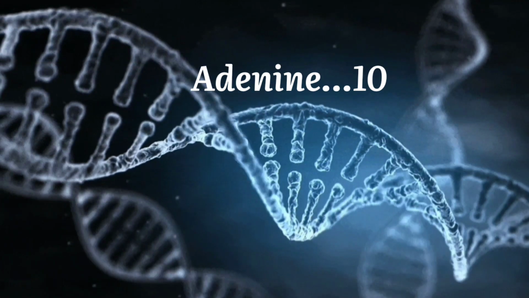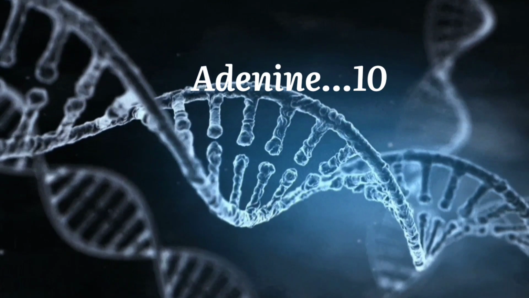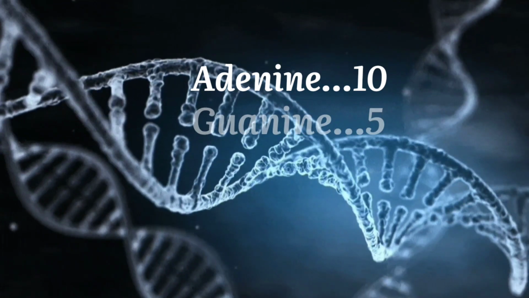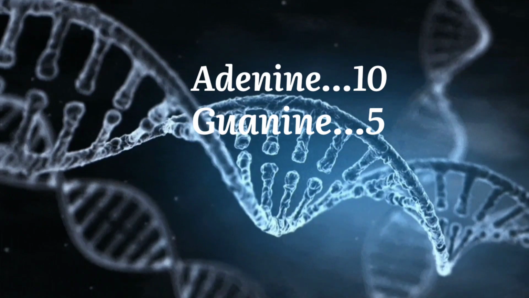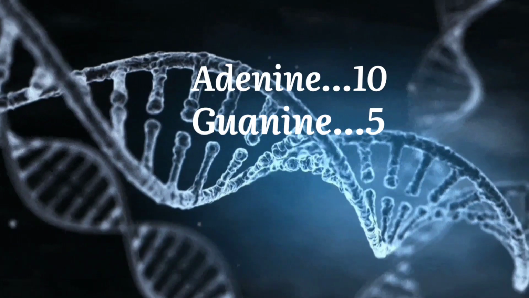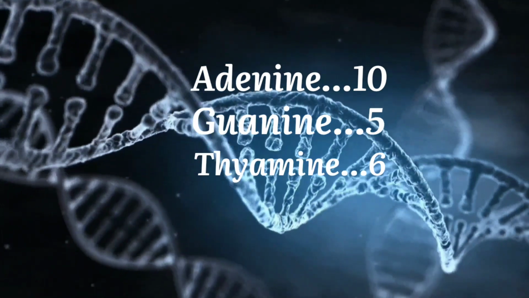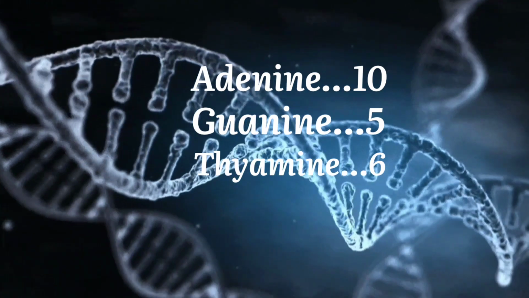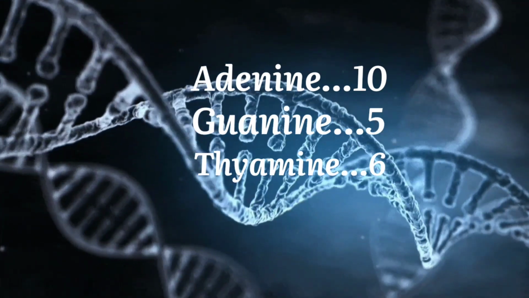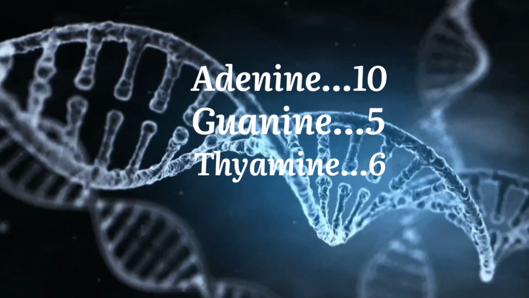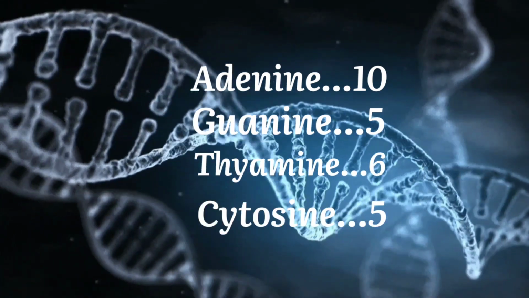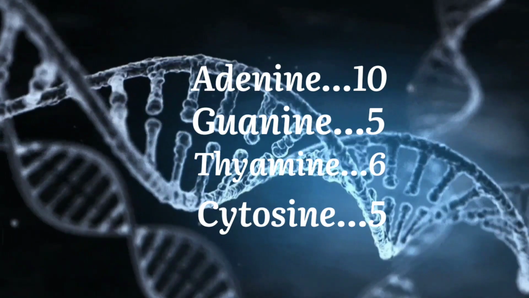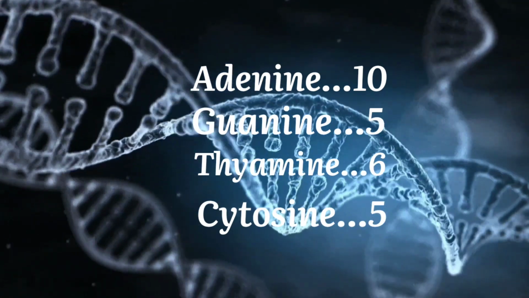Then between the guanine and thymine, there are 5 of these acids that hold those nucleotides together. Then the next one has 6 nucleic acids that hold those nucleotides together. Then the fourth and last one is 5 again, and that holds the thymine and cytosine together.